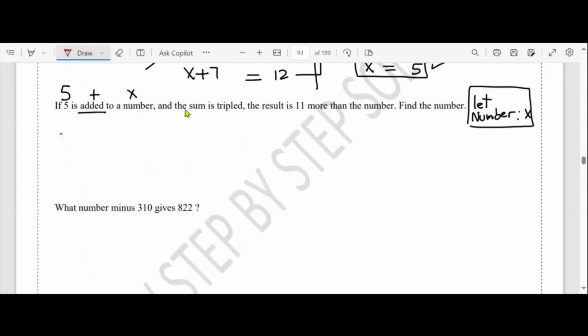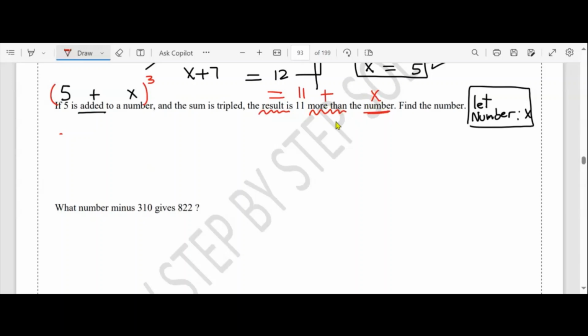Okay. Next, what's the sum? The sum is triplet, so to the power of 3. Which one? 5 plus x to the power of 3. Yes. Okay. Equals. The result. What does result mean? Equal. Equal what? 11 plus 11. X. What does more than mean? Plus. Plus X. Do you know the number?